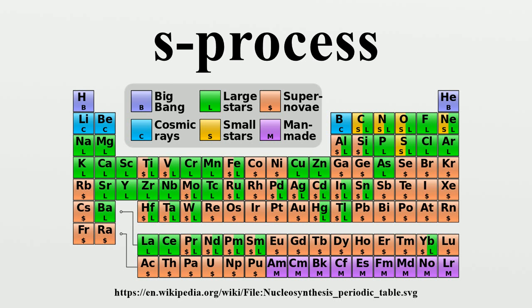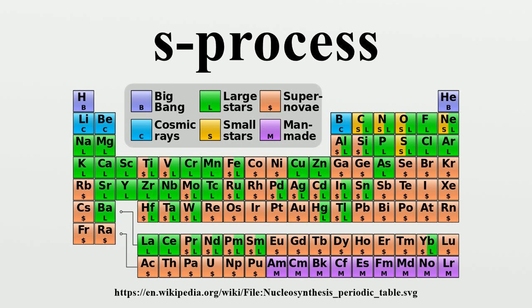Important series of measurements of neutron capture cross-sections were reported from Oak Ridge National Lab in 1965 and by Karlsruhe Nuclear Physics Center in 1982 and subsequently. These placed the S process on the firm quantitative basis that it enjoys today.